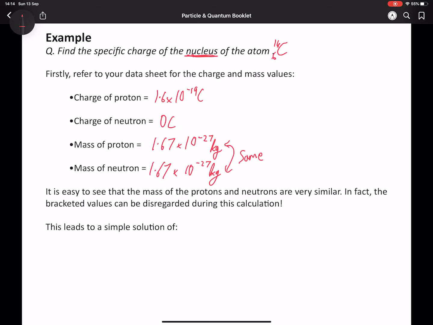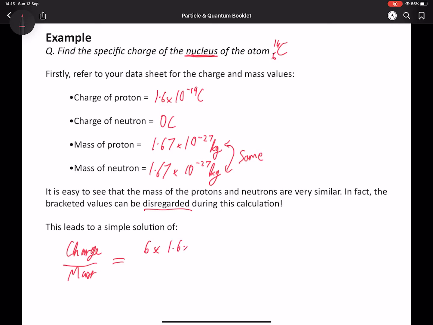So all we have to do is apply the equation. Now we know that the total number of charged particles that we actually have present is going to be 6. So our amount of charge on the top will be 6 multiplied by the charge of a proton, which is 1.6 times 10 to the minus 19.